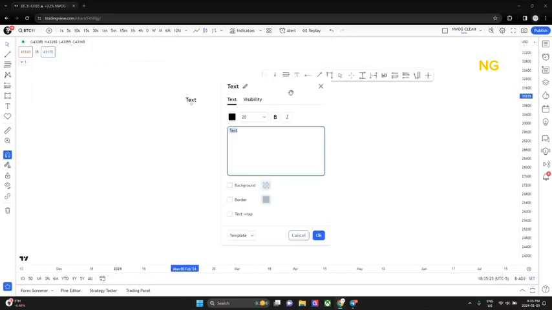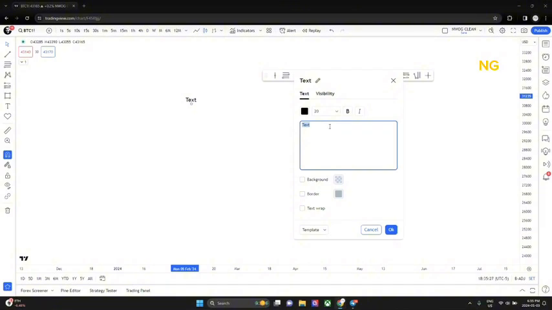So for those who did not get it when I referred to these up here, if you're trading with the 1 minute time frame, you're going to need a 15-minute imbalance.